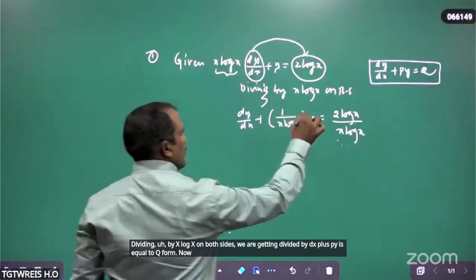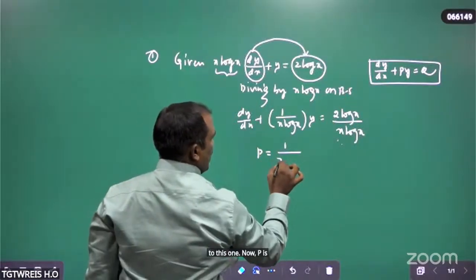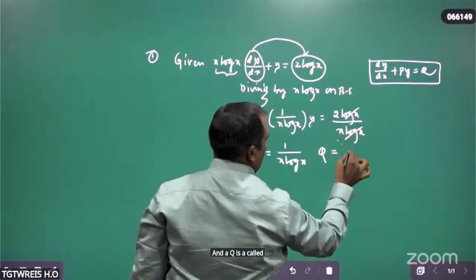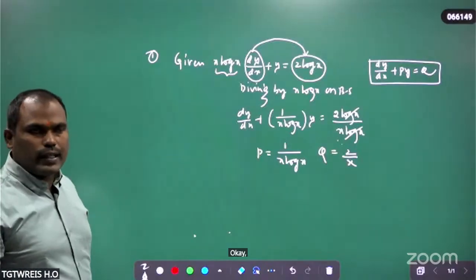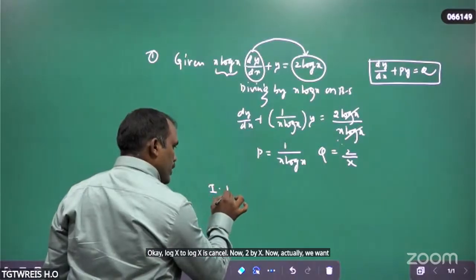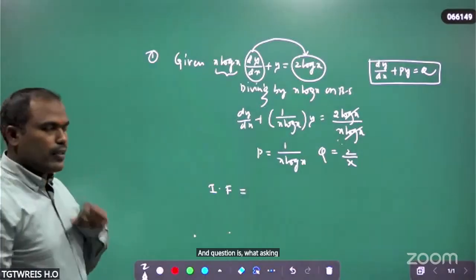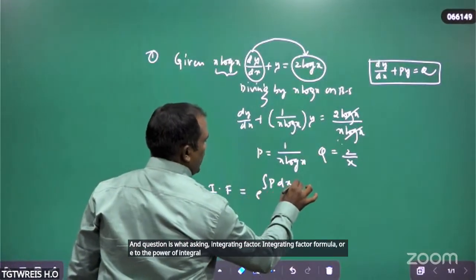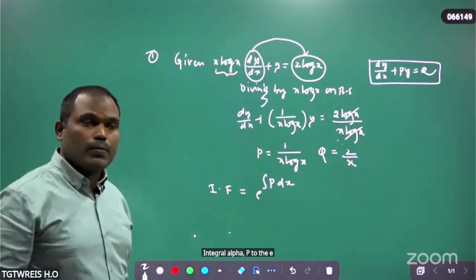Comparing, p is equal to 1 by x log x and q is equal to 2 by x, since log x is cancelled. Now the question asks for the integrating factor. The integrating factor formula is e to the power of integral of p dx.